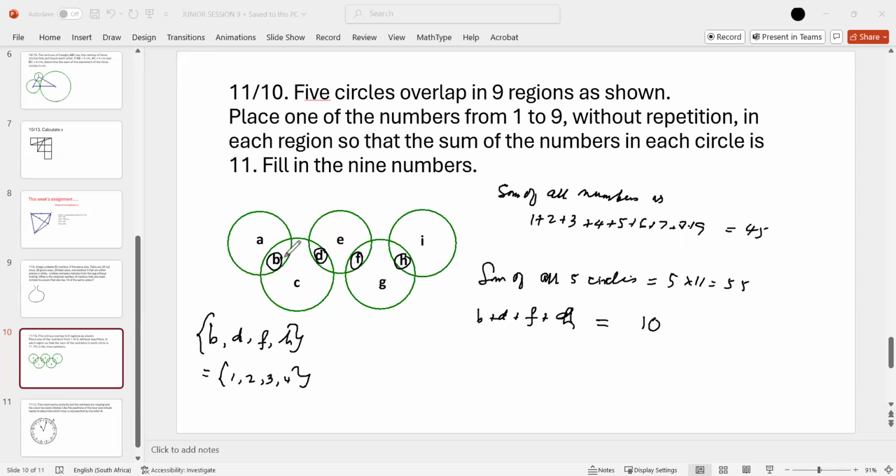They're all different, so these 4 smallest numbers are at the intersection: 1, 2, 3, 4. But you don't know where they are. I could have 1 and 2, and I could have 1 and 3, and 4 and 1. We don't know how they are spaced. So we still need to answer that.